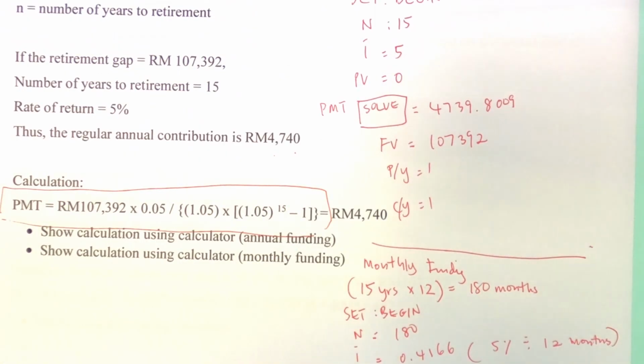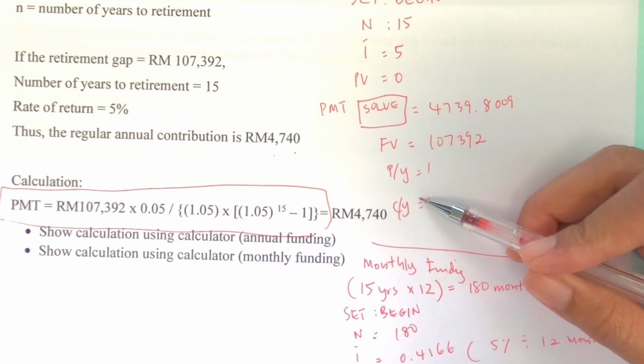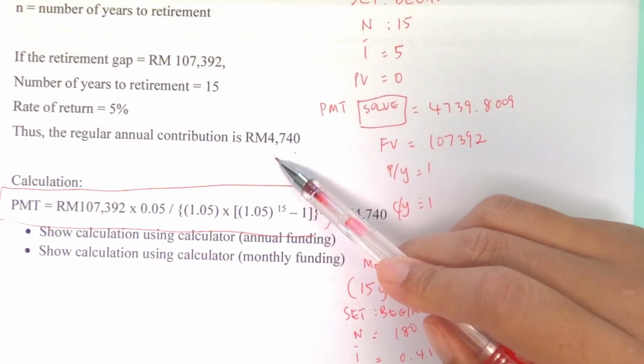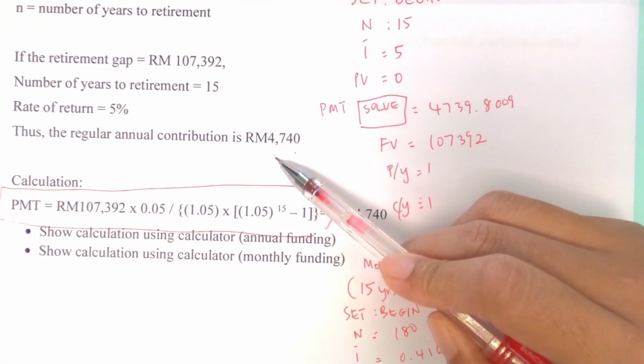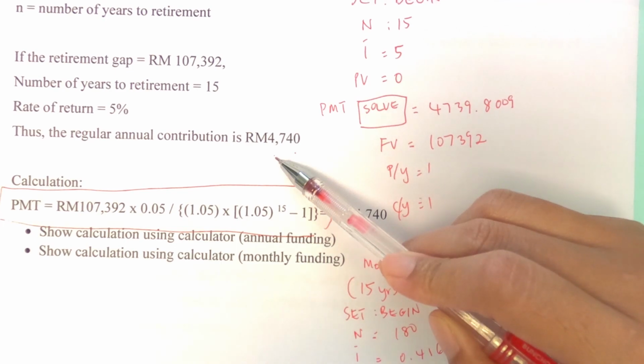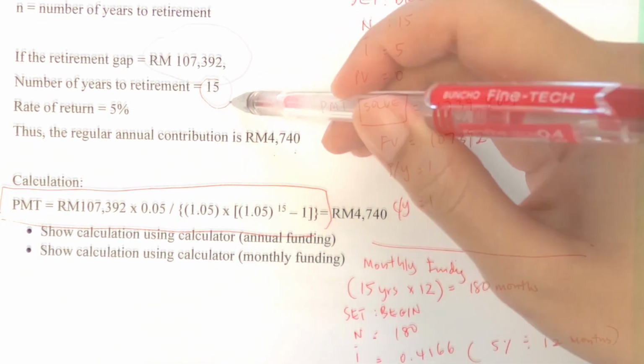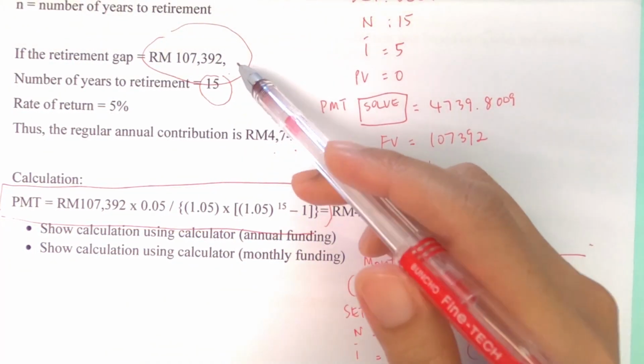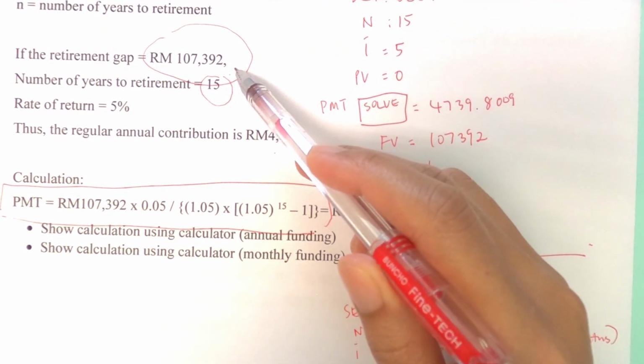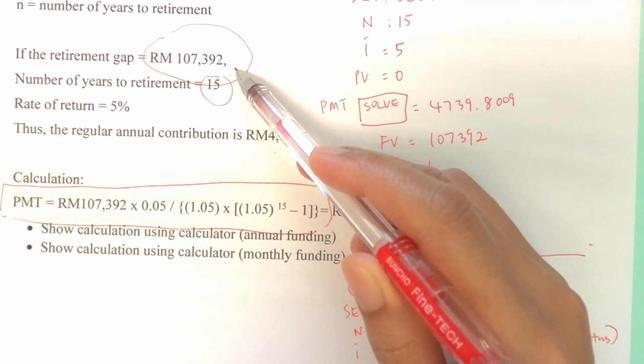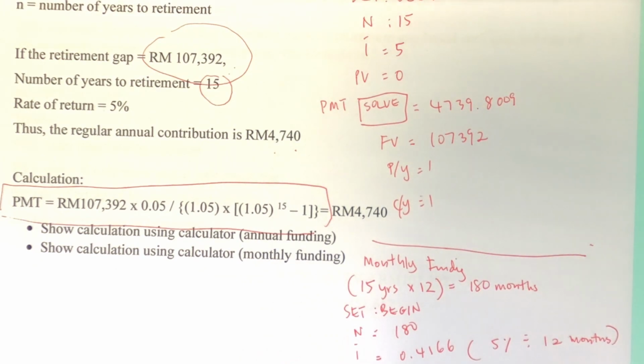So annually, this client has to save 4,740 every year for 15 years, and then he will be able to cater for the retirement gap of 107,392.